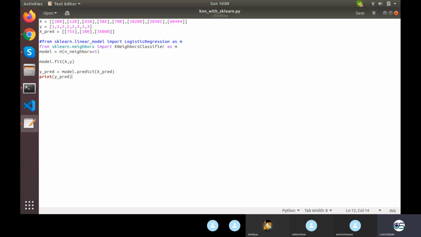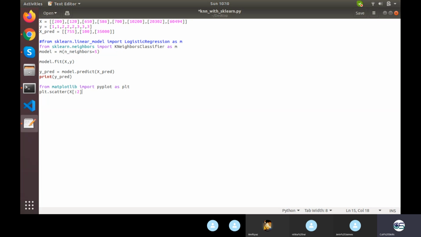Let's see how. So what I'm going to do is split my data. From matplotlib.pyplot import pyplot as plt, then plt.scatter. What to scatter? I want to scatter the first 3 things, first 2 things, 0, 1, 2, yeah, first 3 things.